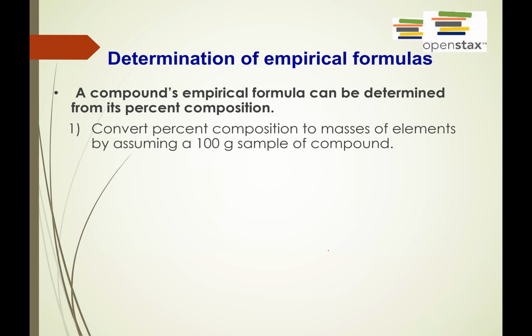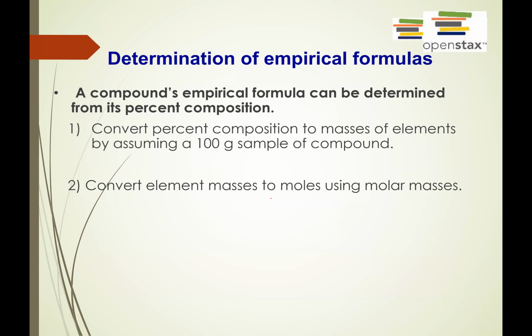So step 1 is assume 100 grams. So if you have 20%, how many grams is that? 20 grams. Assume 100 grams. That's step 1. Step 2, convert everything from grams to moles.